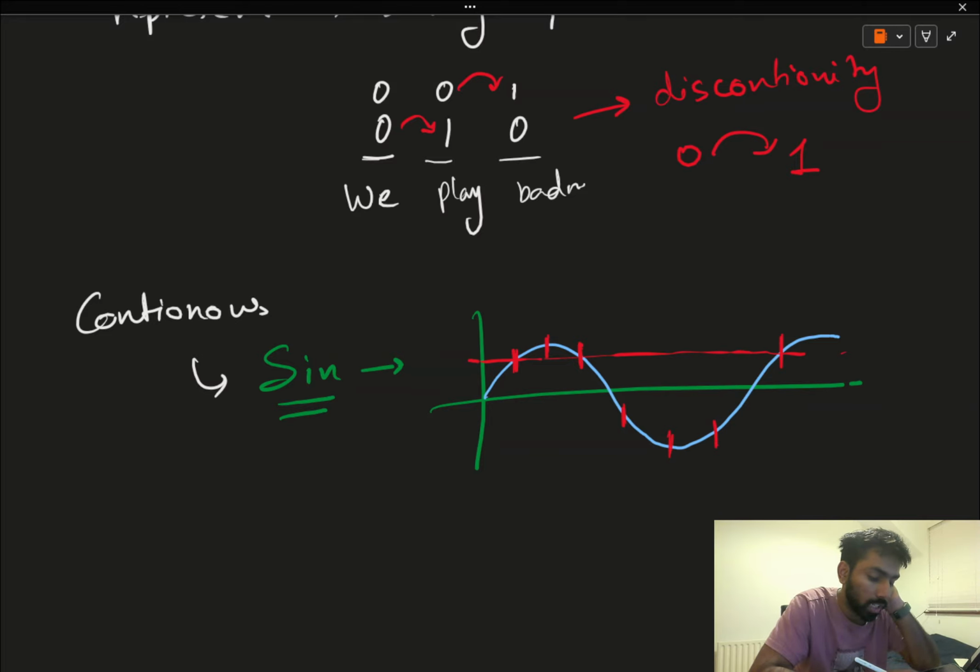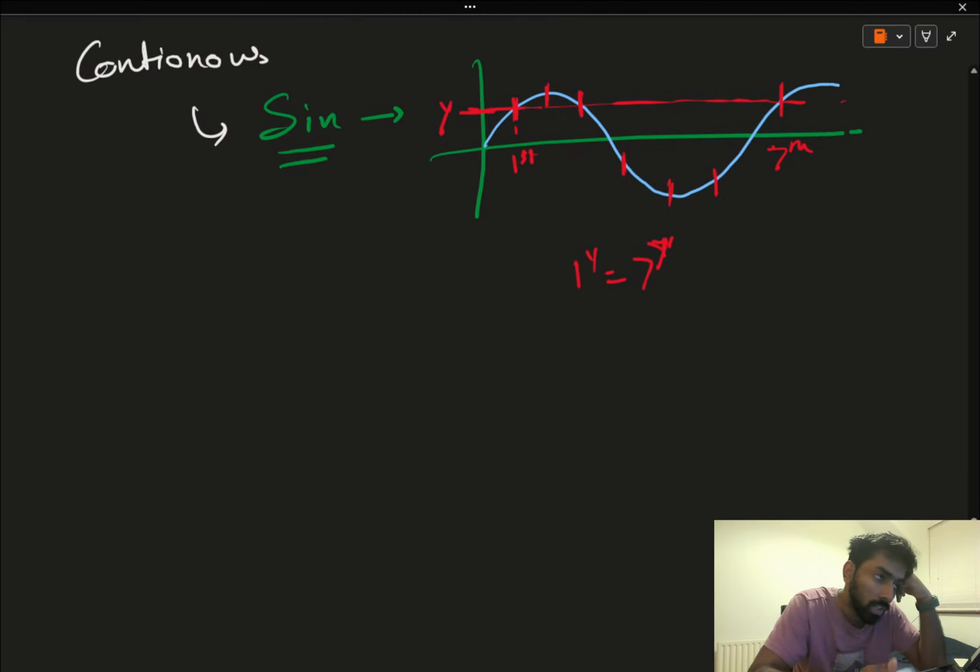So now at this position, the first word and, for example, the 7th word are having the same magnitude, same y value. First y is equal to 7th y, which is again a problem because we have the same magnitude. So now how do we solve this? This introduces again duplicate positions, which is wrong.